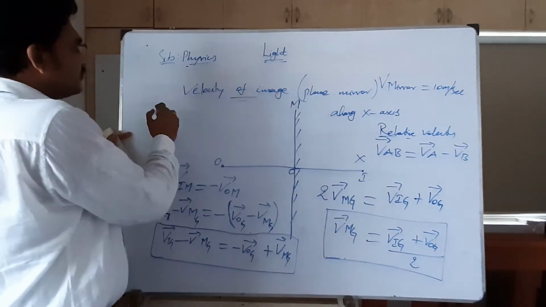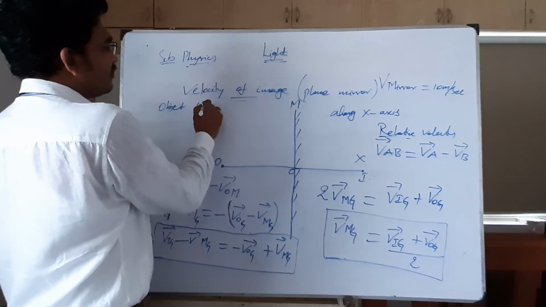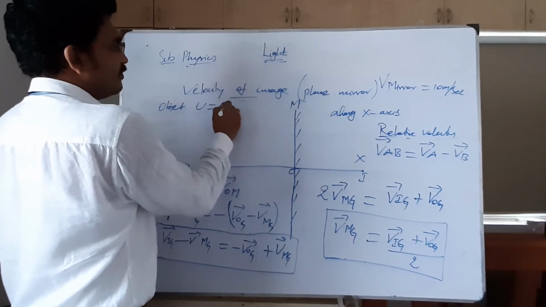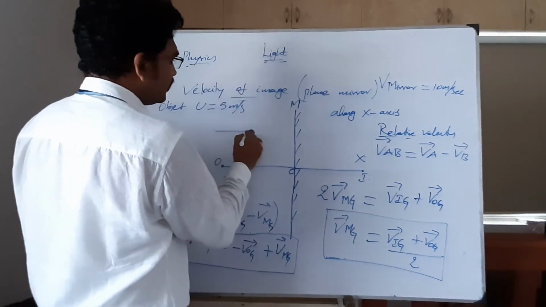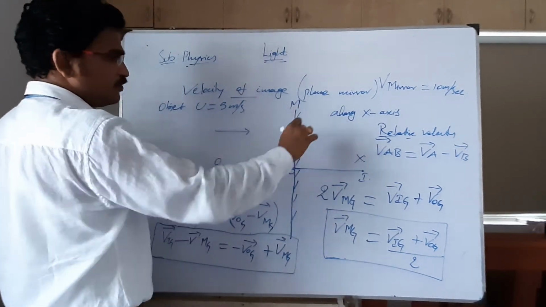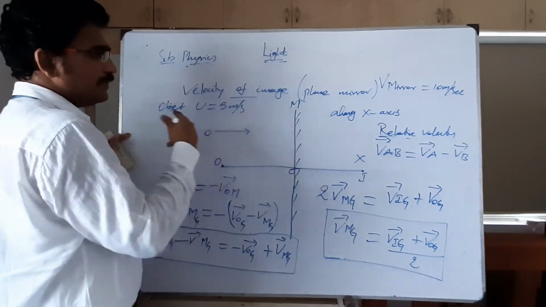You see here, object moving with a velocity of 5 meter per second. Object moving with a velocity of 5 meter per second means it is moving in this direction.